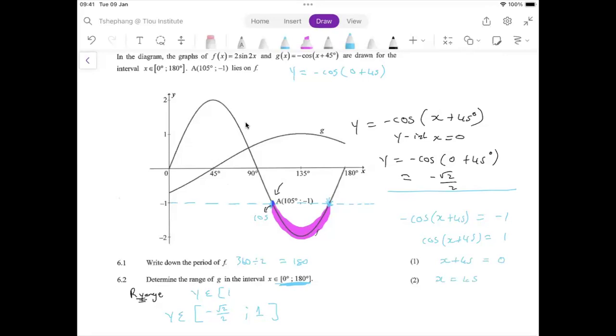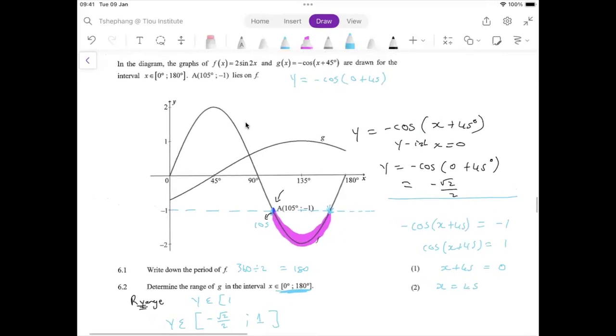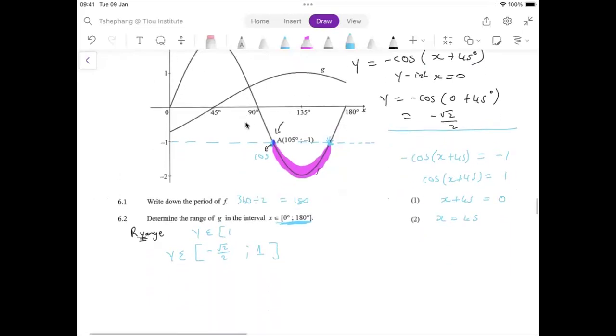But now we must just consider the quadrant where cos is positive, right? And also remember that this graph was shifted by 45 degrees.